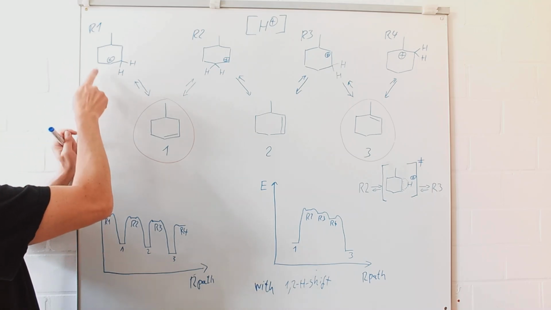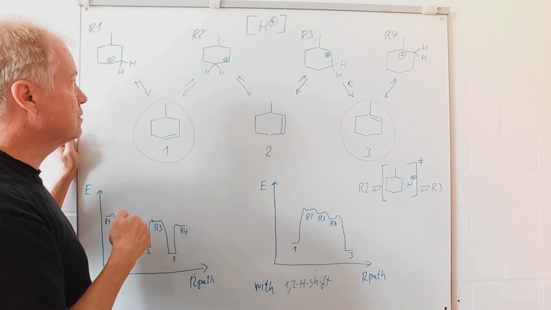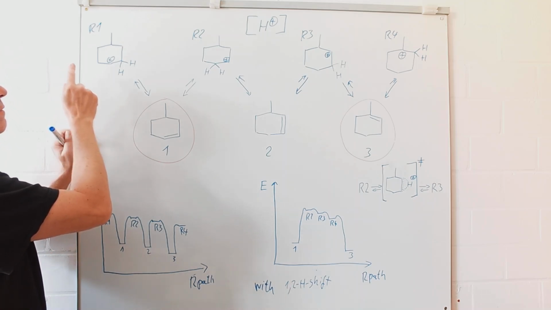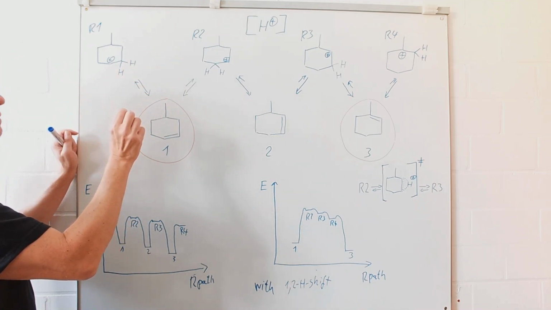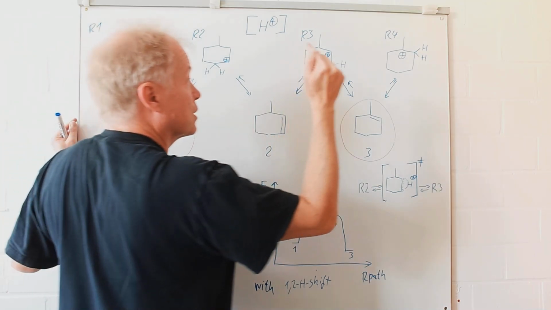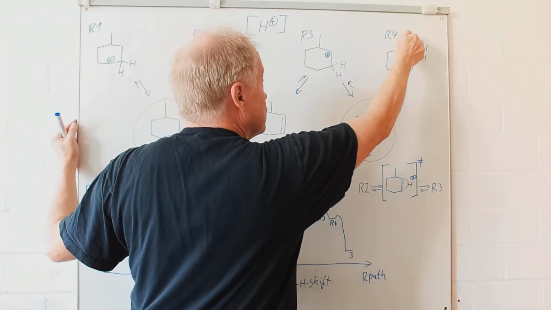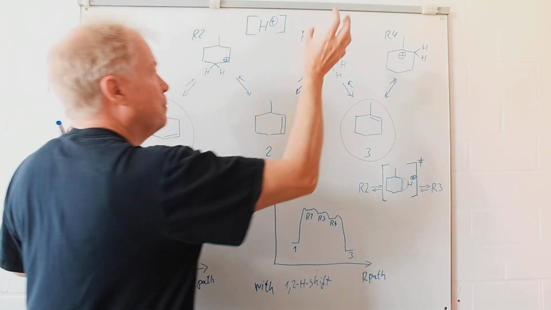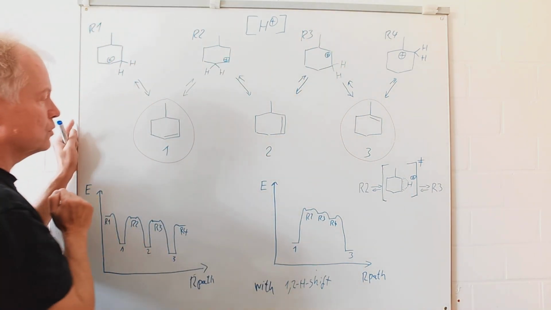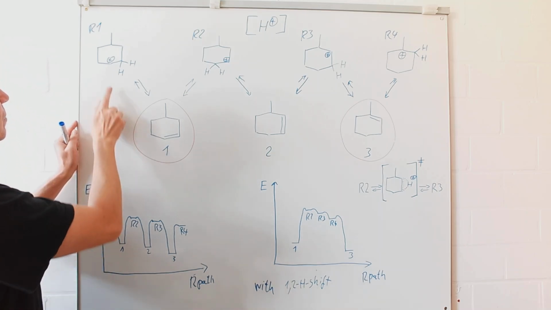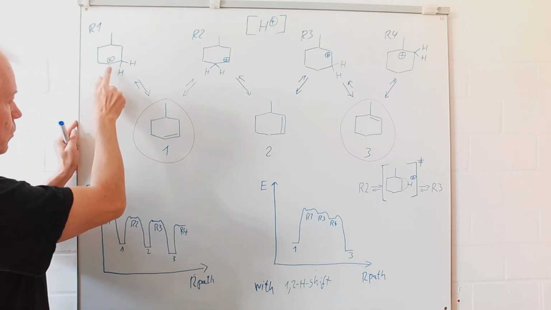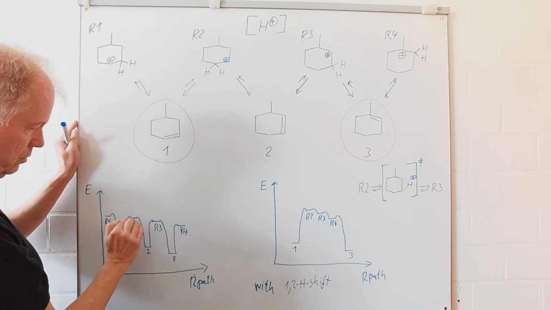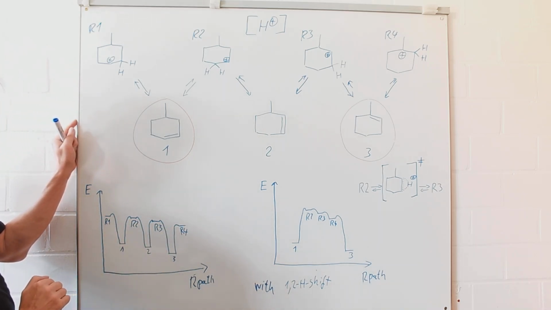Okay, let us compare the reactive intermediates, those carbocations. The reactive intermediate where the carbocation is located closely to the methyl group here is inductively best stabilized compared to the others. So, from R1 to R2 to R3 and to R4, we go energetically a little bit downhill.